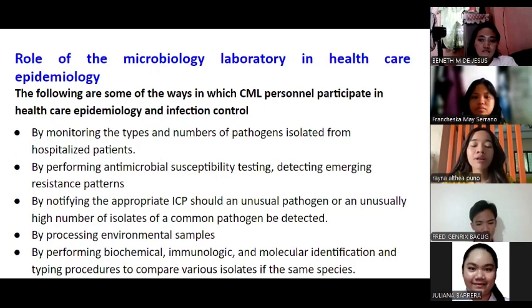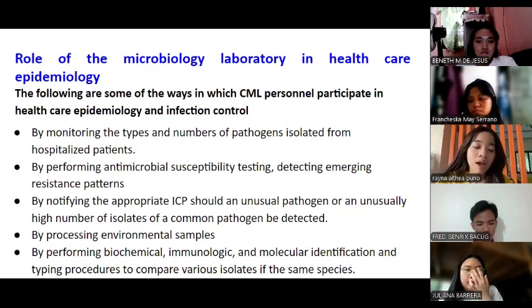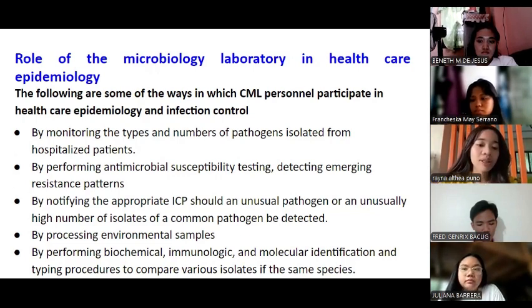Role of the microbiology laboratory in healthcare epidemiology. The microbiology laboratory plays a crucial role in healthcare epidemiology and infection control. And here are some key ways in which lab personnel contribute. First is monitoring the types and numbers of pathogens isolated from hospitalized patients.